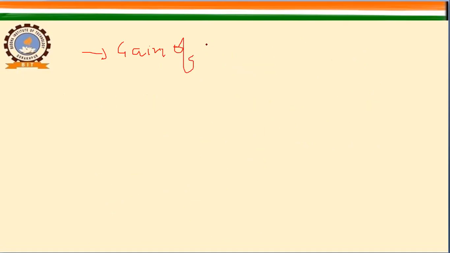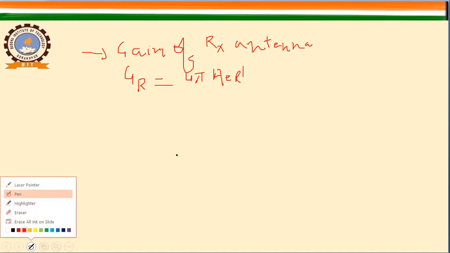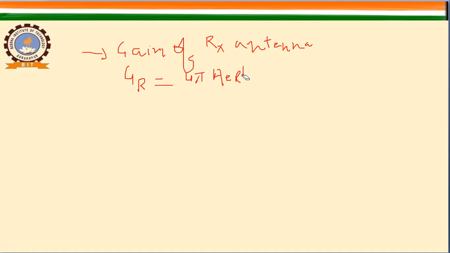Gain of receiver antenna, that is the G of R, is 4 pi A of E R divided by lambda square.